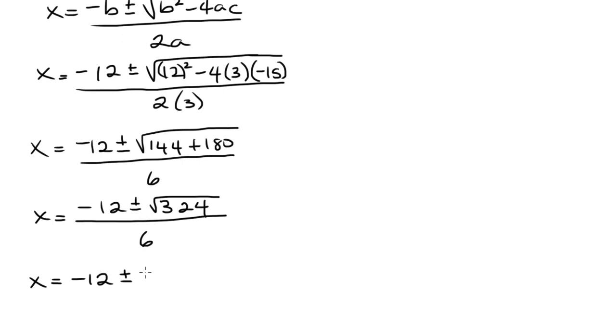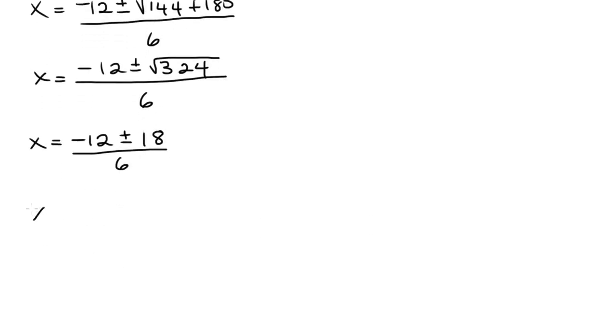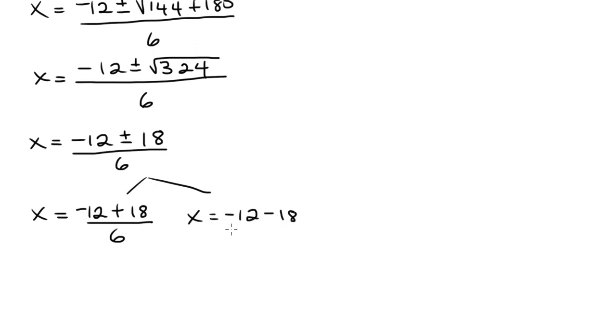The square root of 324 is 18, divided by 6. Let's keep going. x equals, so there's two solutions here, right? Here's one solution: negative 12 plus 18 over 6. That's one solution. Here's the other solution: x equals negative 12 minus 18 over 6. That's that plus or minus.